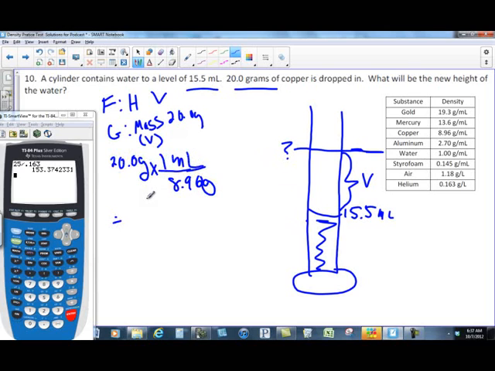If I punch that, I'm going to get 20 divided by 8.96. It's going to give me a volume of 2.23 milliliters. Okay? So that's this.